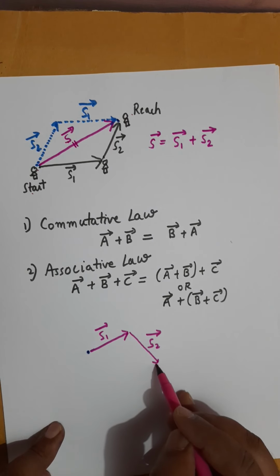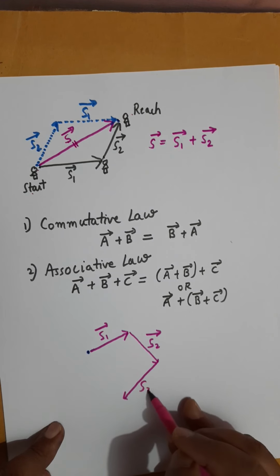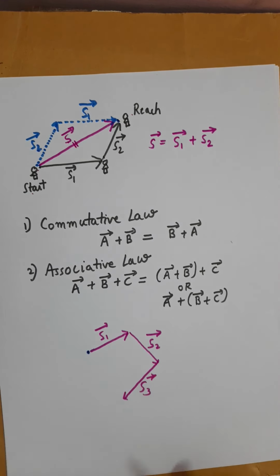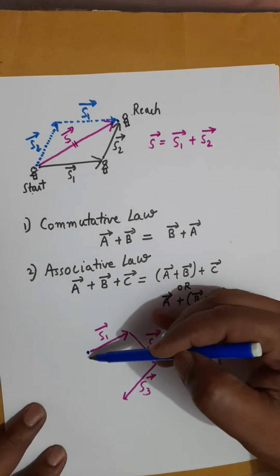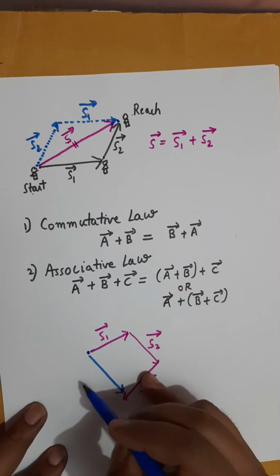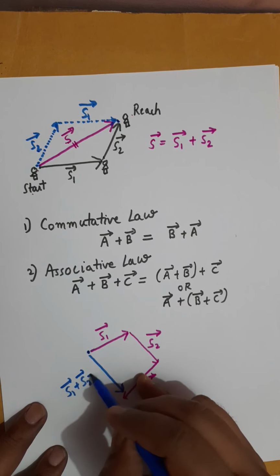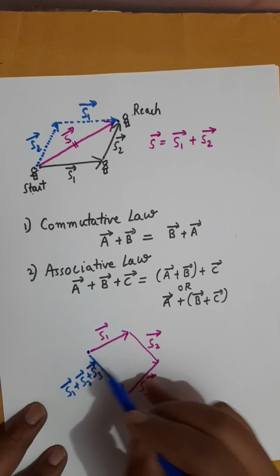You move in one more direction, displacement 3. So what is your final displacement, or you can say what is the resultant, is this one. This vector is the resultant. So this will be written as S1 plus S2 plus S3, because this is the resultant vector.